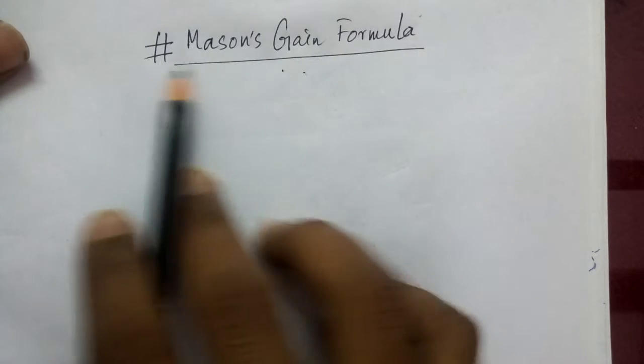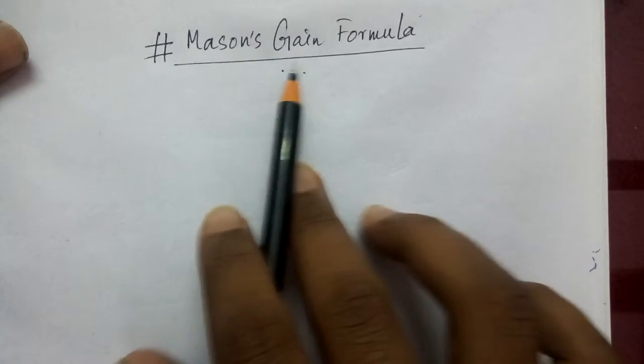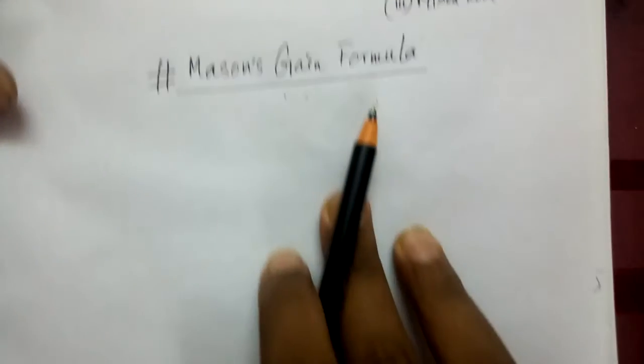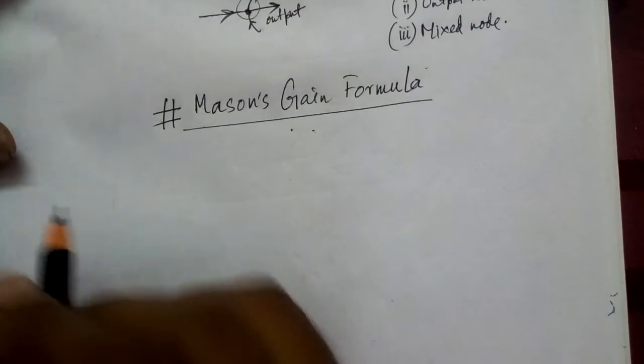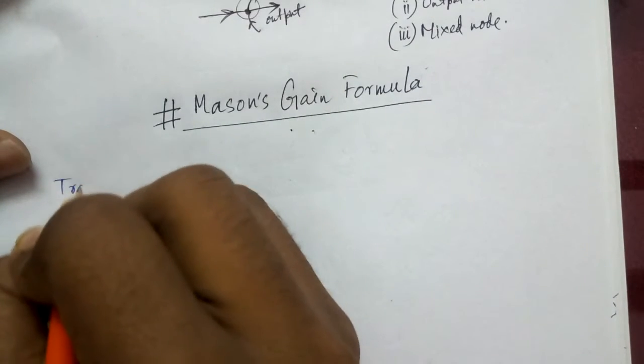So this Mason's gain formula helps us to find out the transfer function very quickly from the signal flow graph.